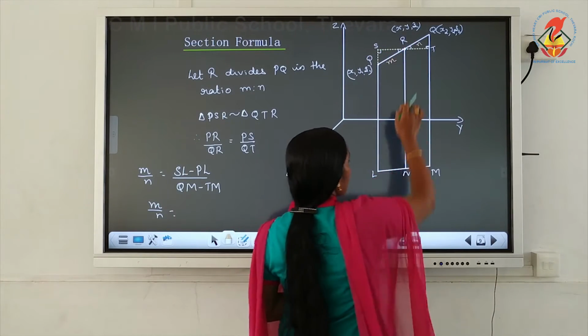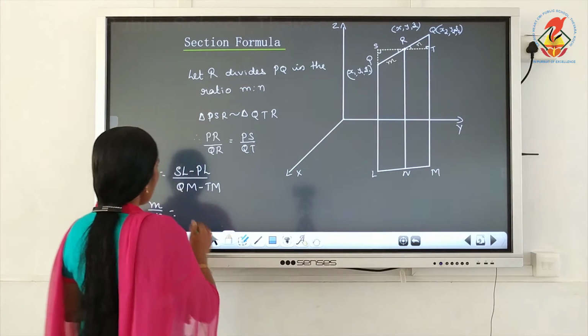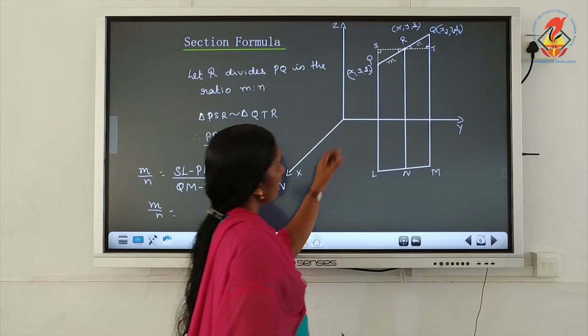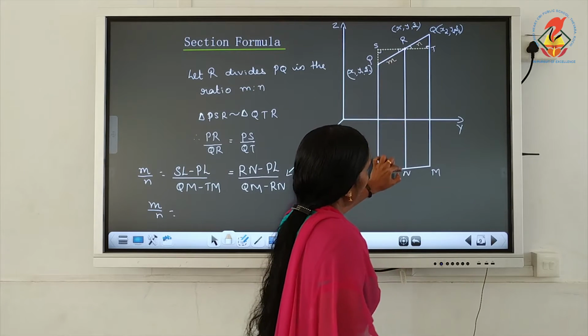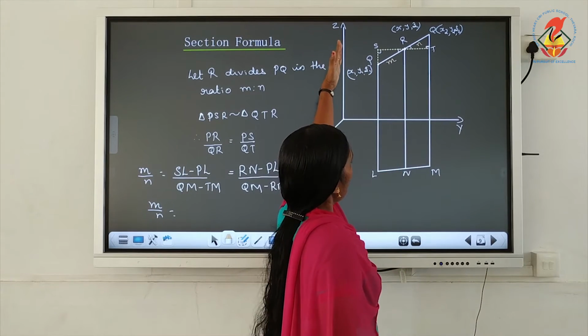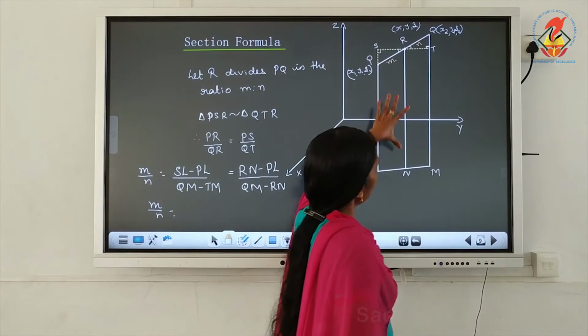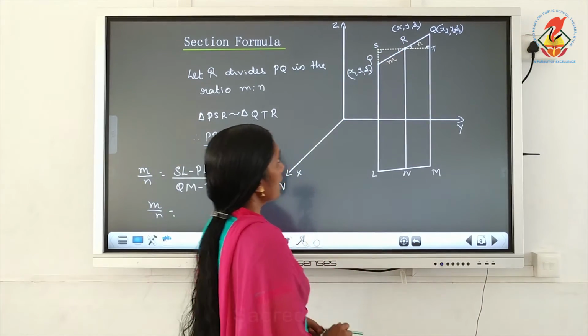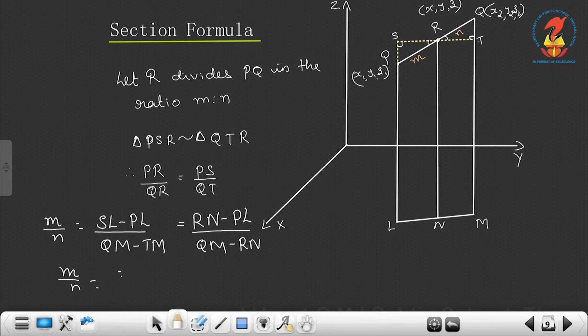SL is the same as RN, so PS is RN minus PL. Then for QM and TM, TM is the same as RN. Then what is RN, children? RN is parallel to the z axis, so it is the same as the z coordinate of this point R. So the z coordinate of R is just z.